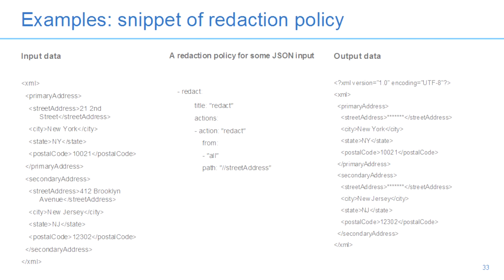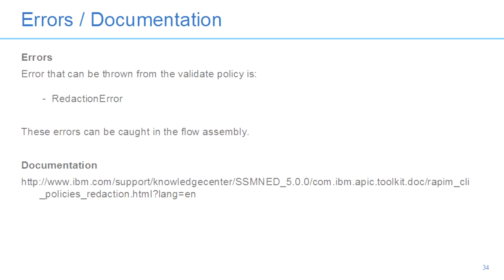And on the right-hand side, you can see that we've obfuscated everything to do with street address. So it's a very simple policy. This does throw a redaction error, and again, there's a link to the information in the Knowledge Center there, especially if you need to know about the XPath differences between what you need to set up for XML and JSON content.